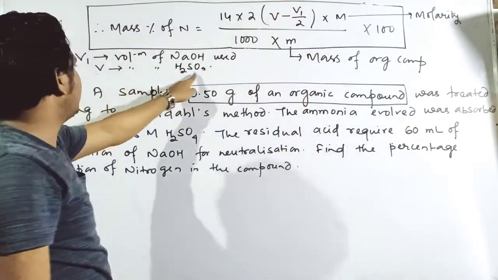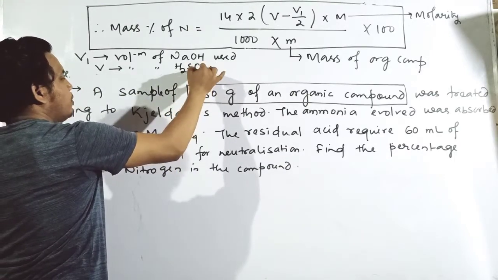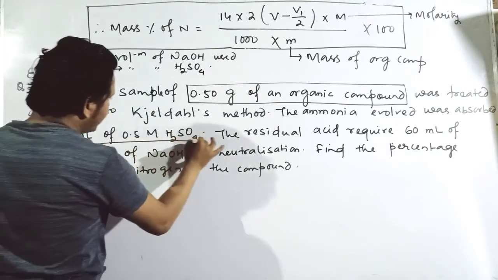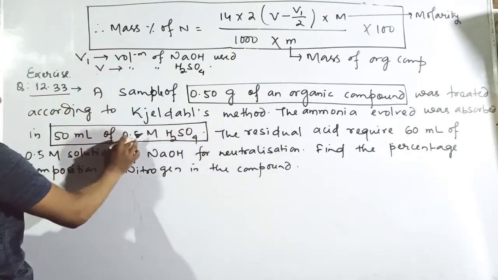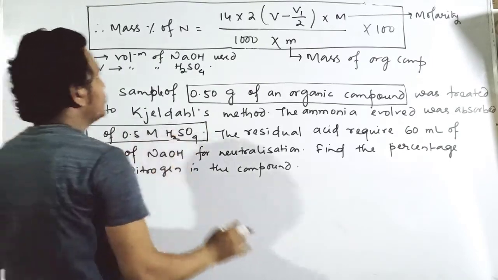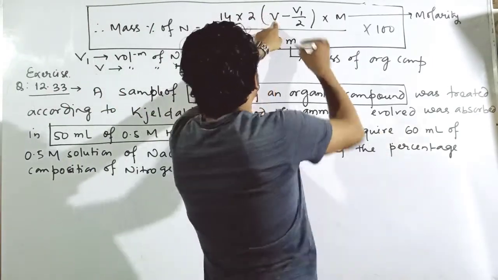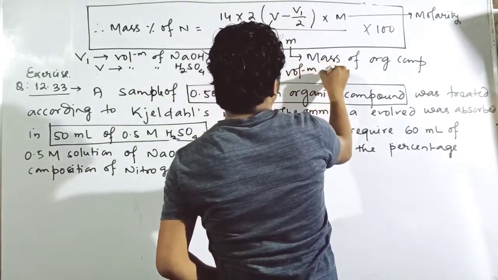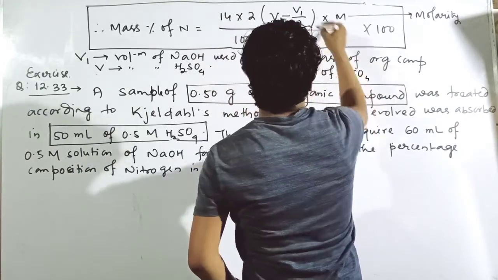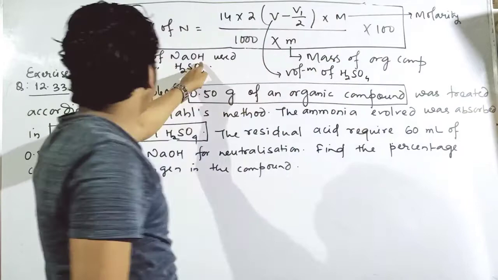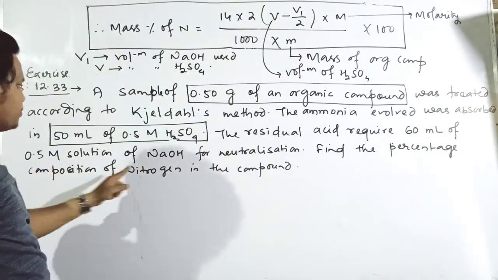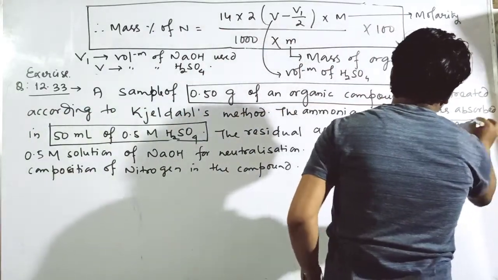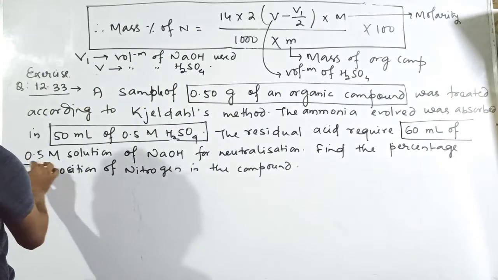V is the volume of sulfuric acid, given as 50. What is M? Molarity, given as 0.5. What is V1? V1 is the volume of sodium hydroxide. The sodium hydroxide volume is given as 60 ml. So all values are given, just put them in and solve the numerical.